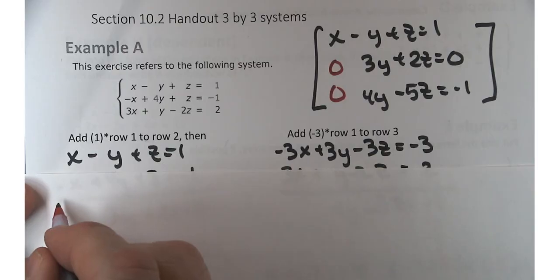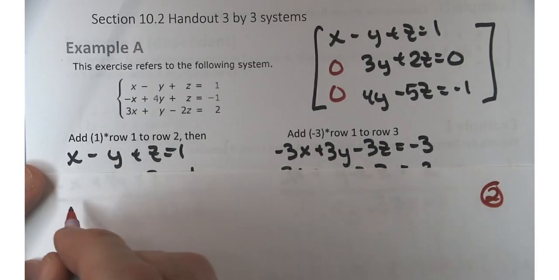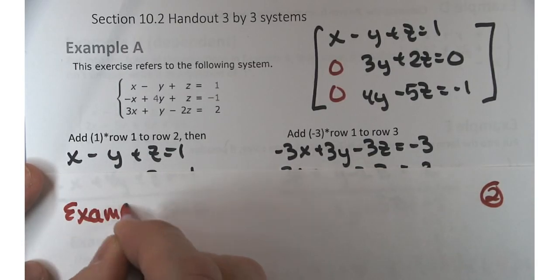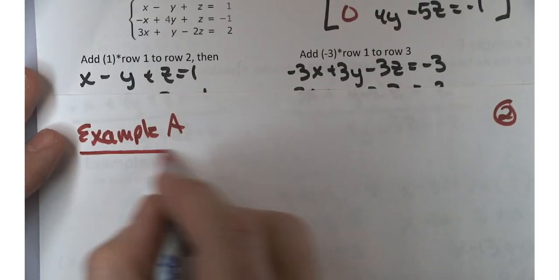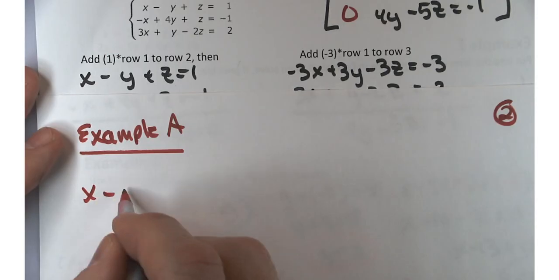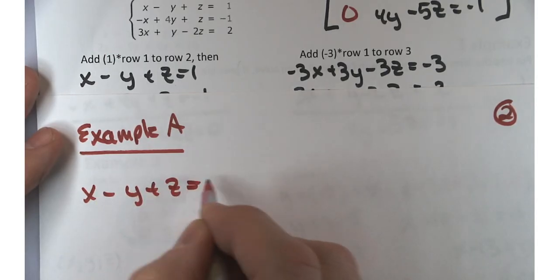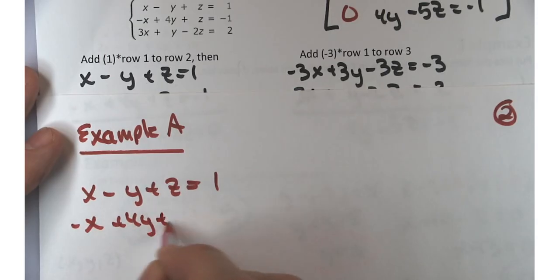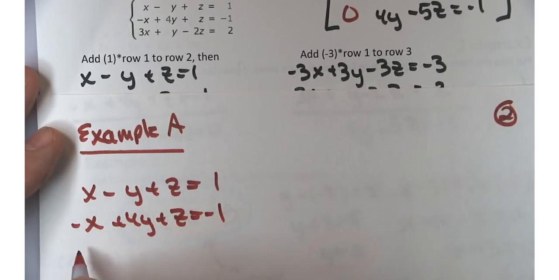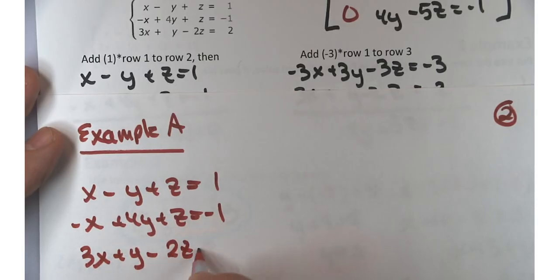So let's revisit example A in a way that your calculator can deal with. What we have is our system of equations, and we're going to need to write that in a way that your calculator can understand. So 3x plus y minus 2z equals 2.